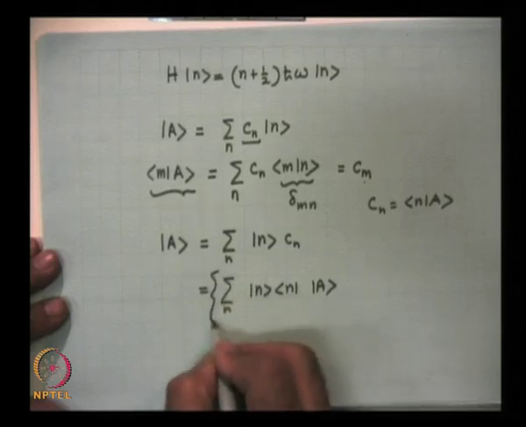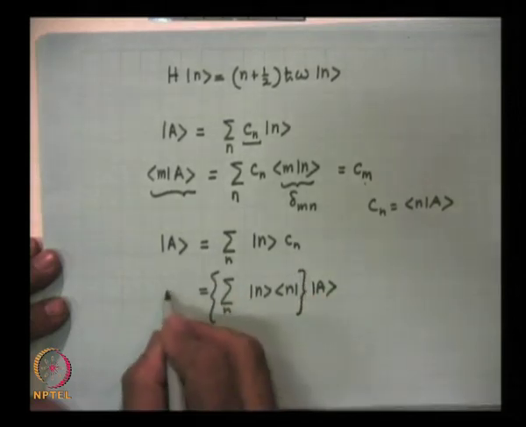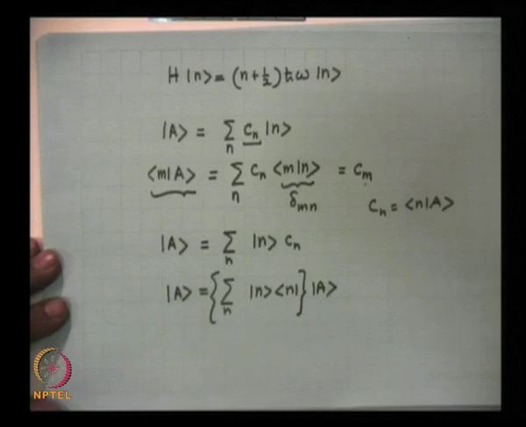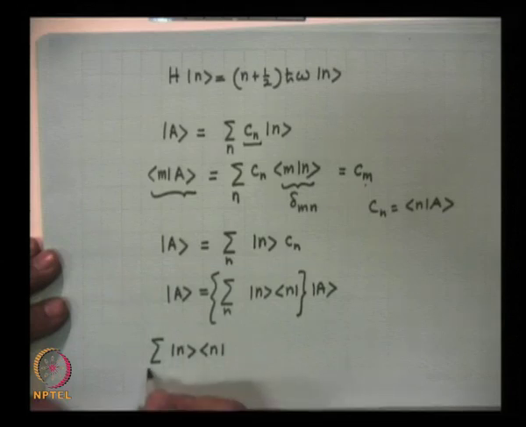Now, this is a linear operator. Since this is valid for any arbitrary ket A, this must be a unit operator. So we say that this is known as the completeness condition of the orthonormal kets: ket n bra n summed over all values of n is a unit operator.